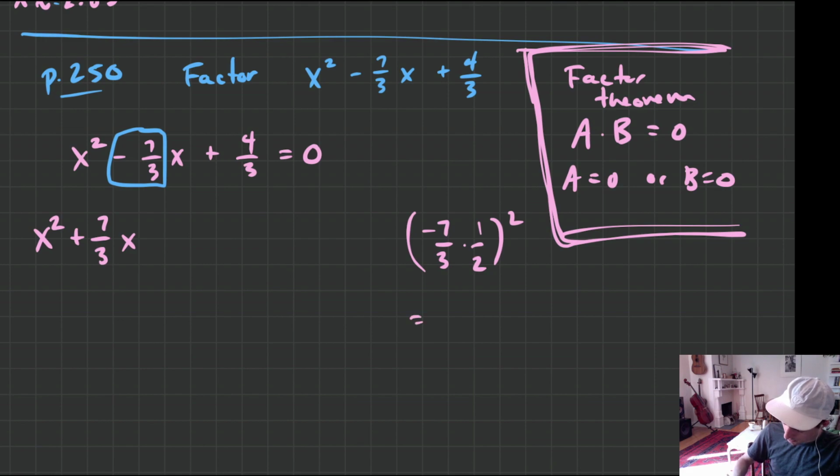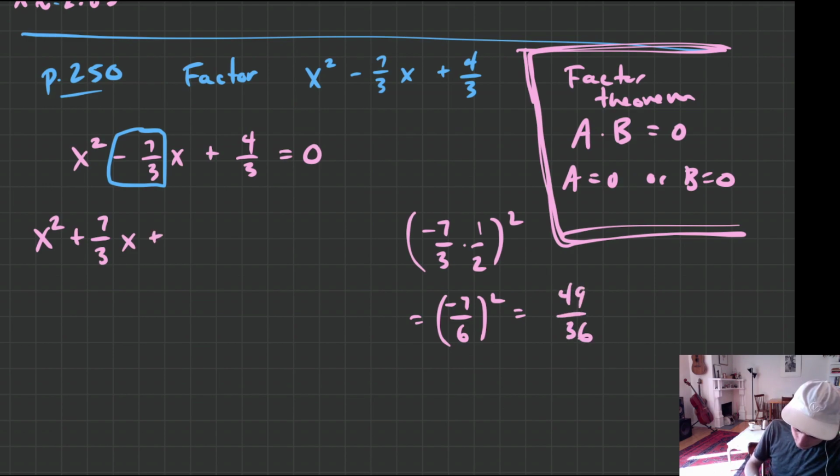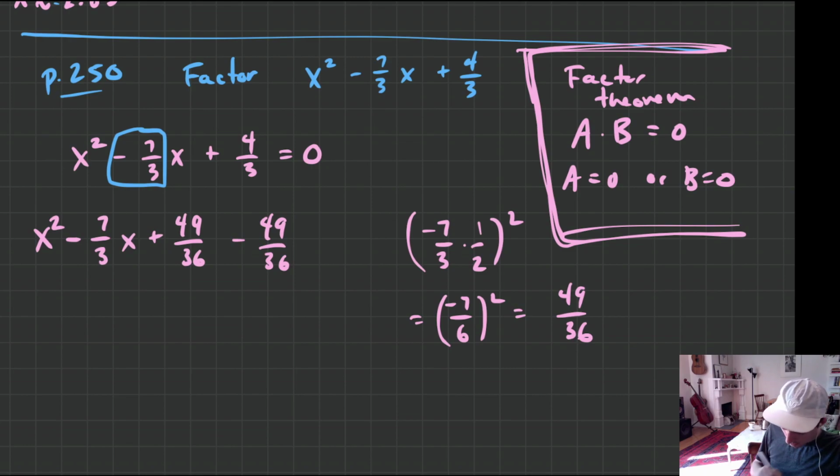Well, that's equal to negative 7 over 6 squared, which is equal to 49 over 36. So I'll add 49 over 36, and then I'll subtract 49 over 36, and you'll notice I made a little typo there. That should be a minus sign. And then I have plus 4/3, and that's all equal to 0.